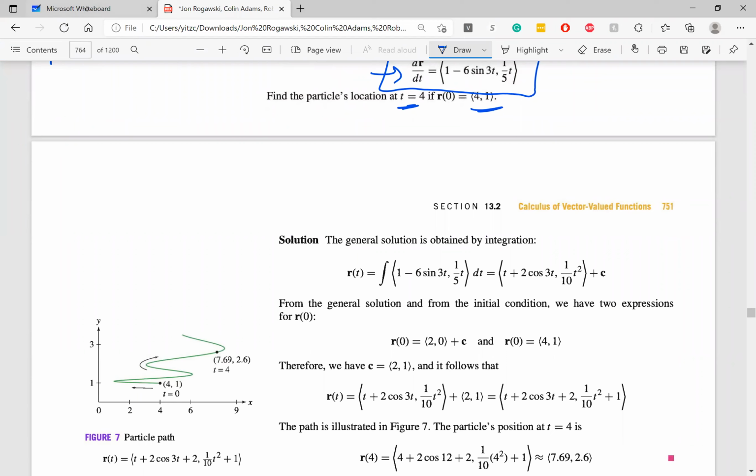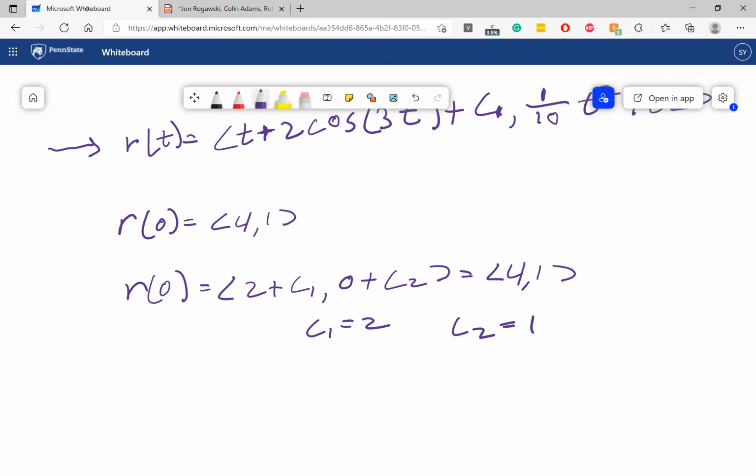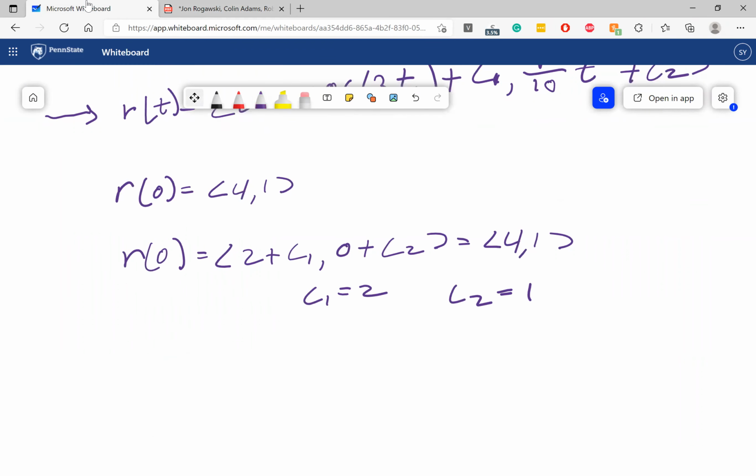Okay, so now what do they ask? They ask what is R at time 4? So R of 4.